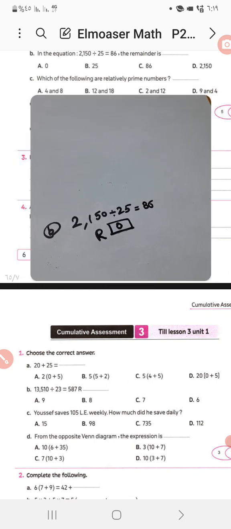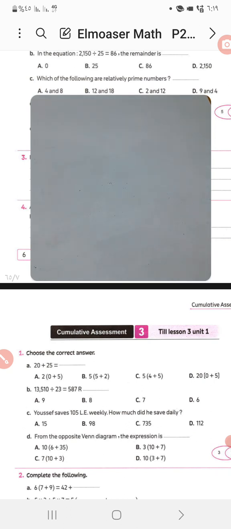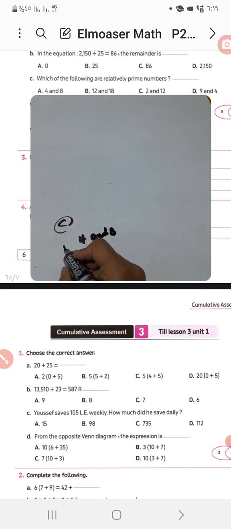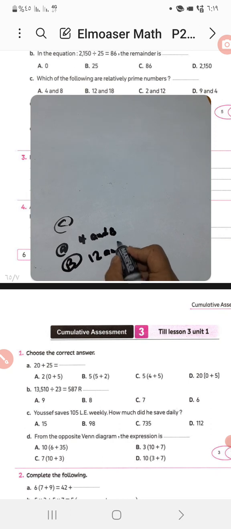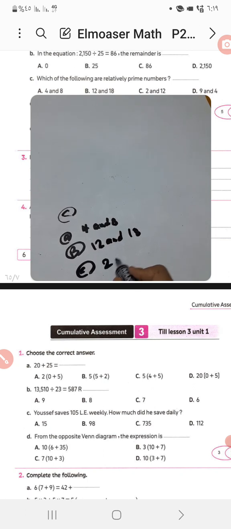Next question, question letter C. Which of the following are relatively prime numbers? Letter A, 4 and 8. Letter B, 12 and 18. Letter C, 2 and 12.